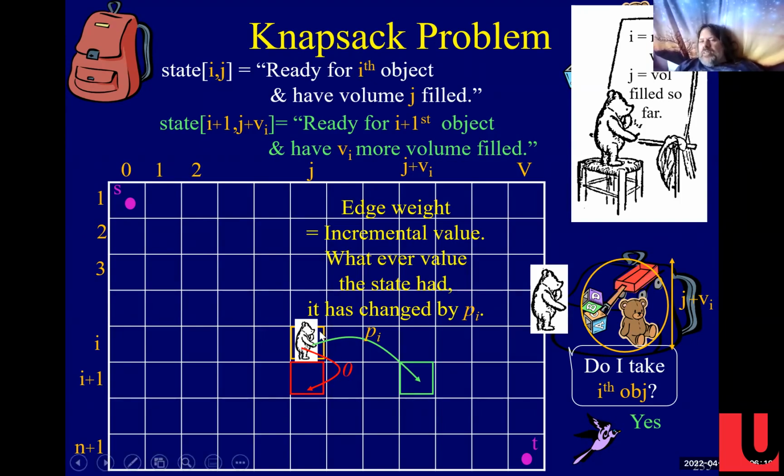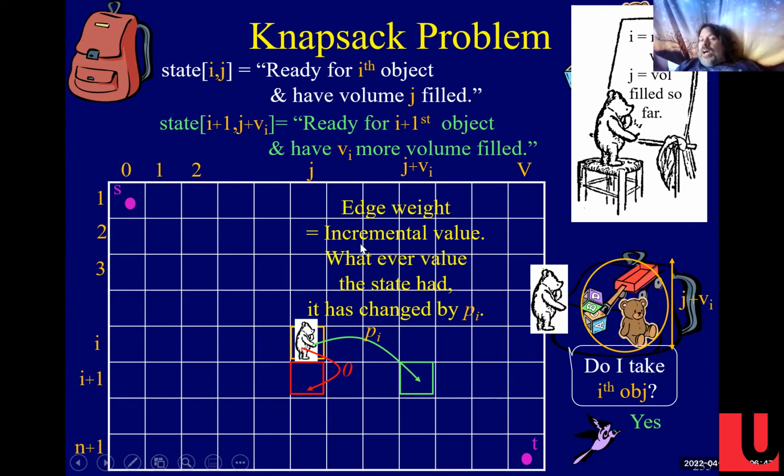I'll say, what are your edges? Where do they go? Well, I describe this graph. From node ij, I have two edges: one that goes to I plus 1, j with weight 0, or I go over to this node, I plus 1, j plus vi, and it has this weight.